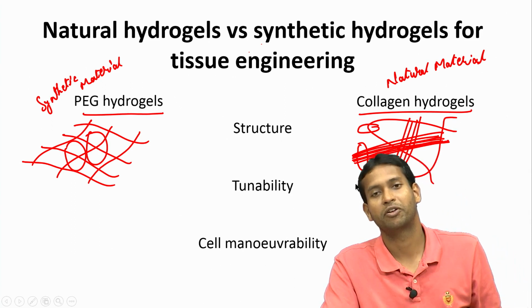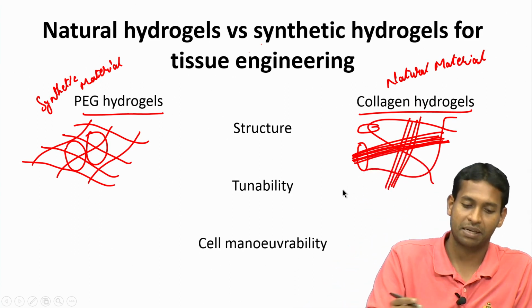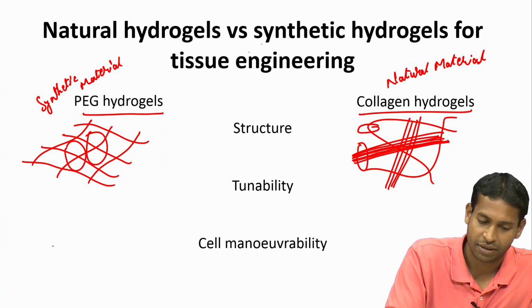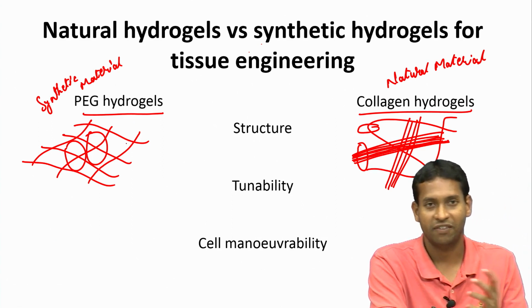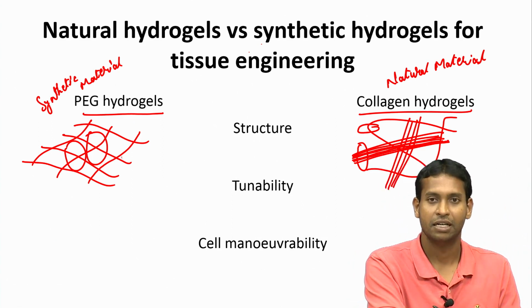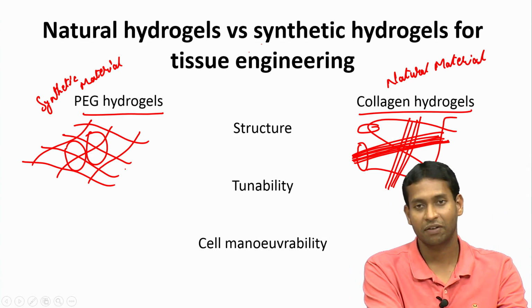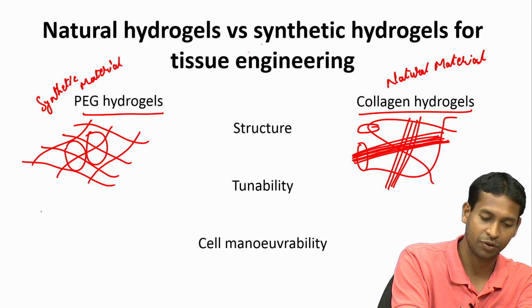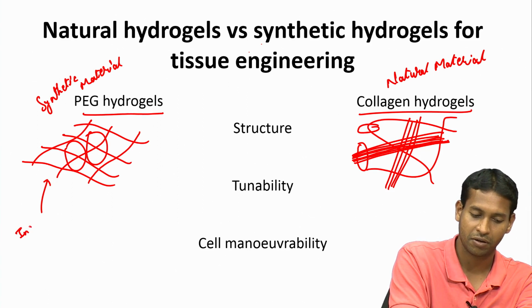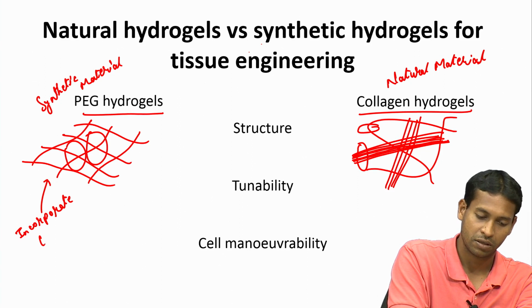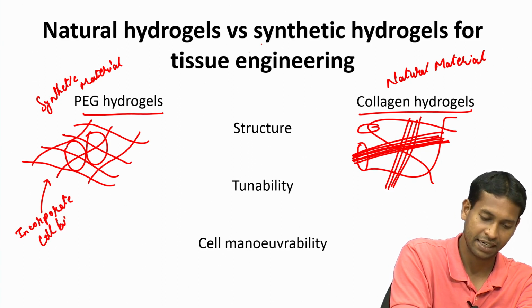And what about the cell maneuverability? That is another good example here. These PEG hydrogels do not have any cell binding site. So, first of all, the cells may not want to interact with it, and you have to incorporate cell binding sites.